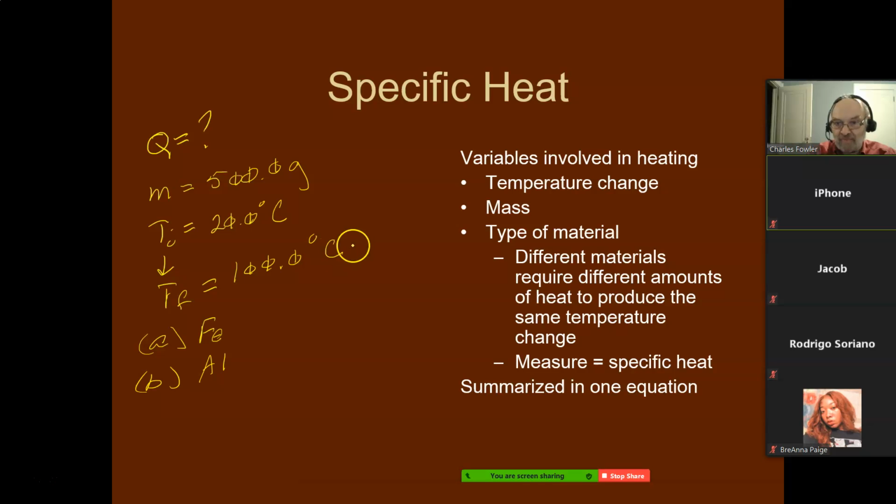The specific heat of iron, C for iron, is 0.11 calorie per gram degree Celsius. That's your change of temperature. Okay, let's go on down.